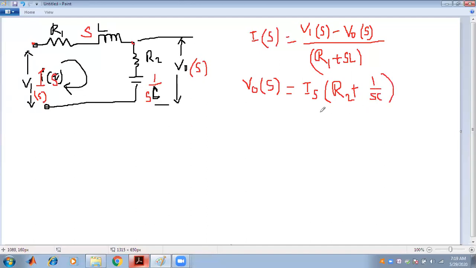This is called equation number 1 and this is called equation number 2.